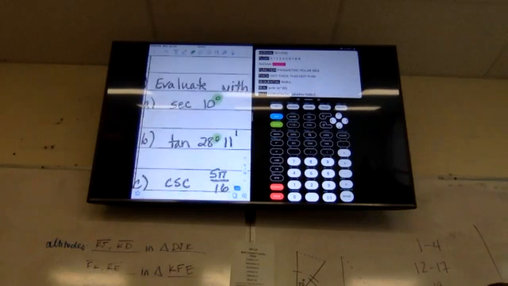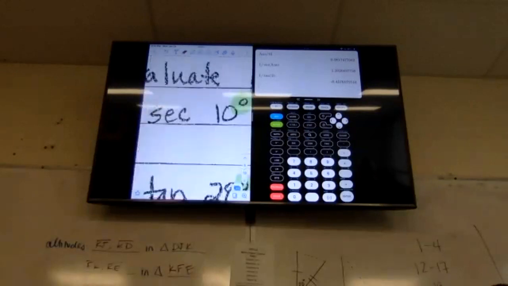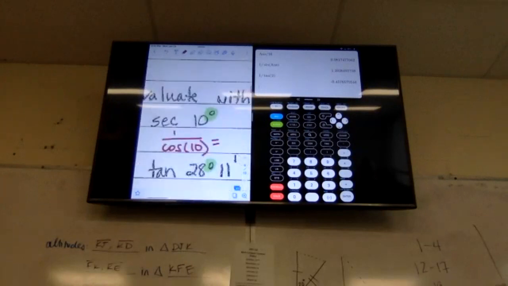All right, I have buttons that say sine, cosine, tangent. I do not have a button that says secant though, right? We know secant and cosine are reciprocal functions. So if I have secant, I can put 1 divided by cosine of 10, and that's going to get me the same answer.